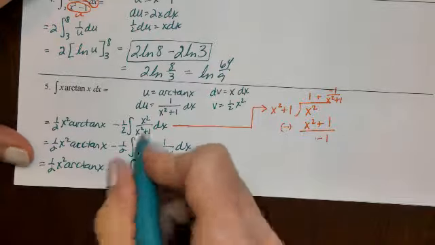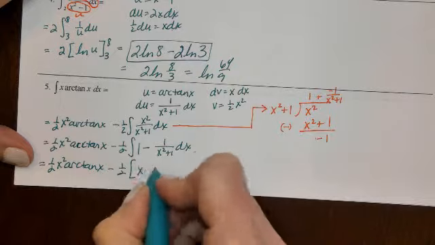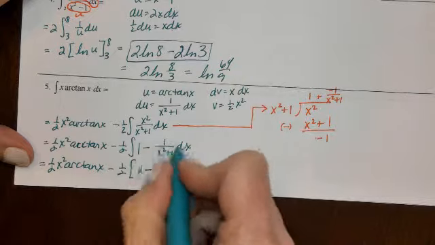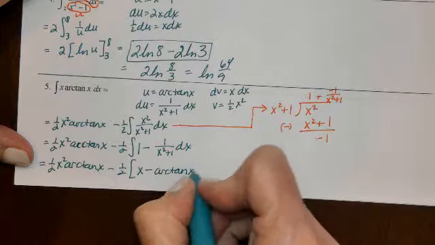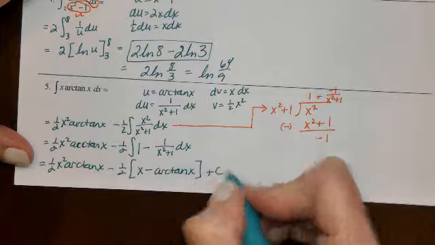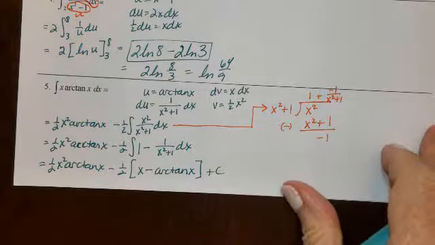Okay, the antiderivative of 1 with respect to x is x. The antiderivative of this is arctan. Just your most basic arctan. And that's it. We're done. Okay.